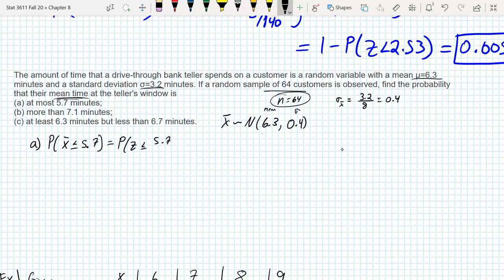Subtract the mean of the distribution for X bar, which is 6.3, divide by its standard deviation, which is 0.4. And so this should be the probability then that a standard normal random variable z is less than or equal to, 5.7 minus 6.3 is negative 0.6, divided by the 0.4 then is negative 1.5.